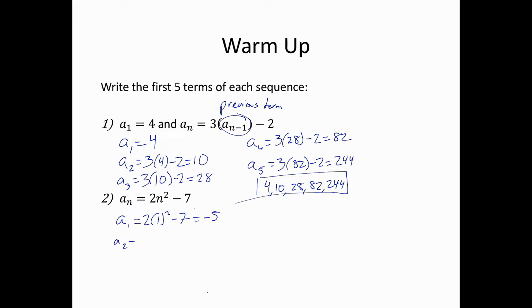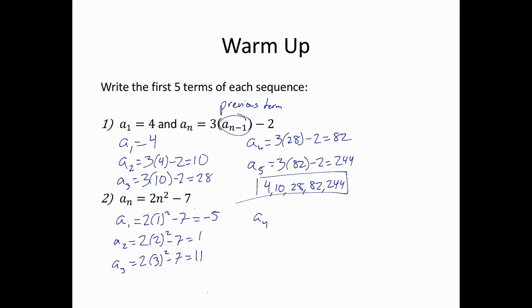A sub 2, instead of plugging in 1, we're going to plug in 2. So we got 2 times 2 squared. So 2 squared is 4, times 2 is 8, minus 7 gives us 1. A sub 3 equals 2 times 3 squared minus 7. So we do the 3 squared first, which is 9, times 2, which is 18, minus 7 gives us 11.